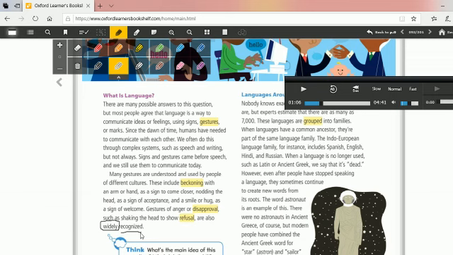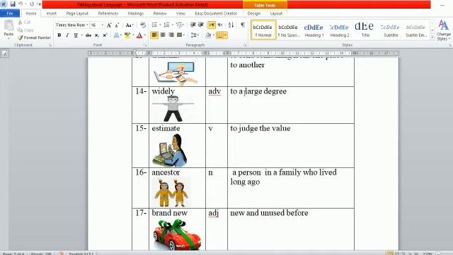What is the base form of widely? The adjective wide, which means large. So, what is the meaning of widely? Widely is an adverb that means to a large degree. The boy widely opens his arms.